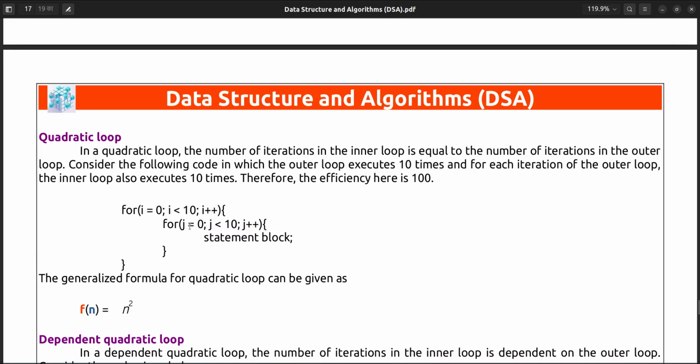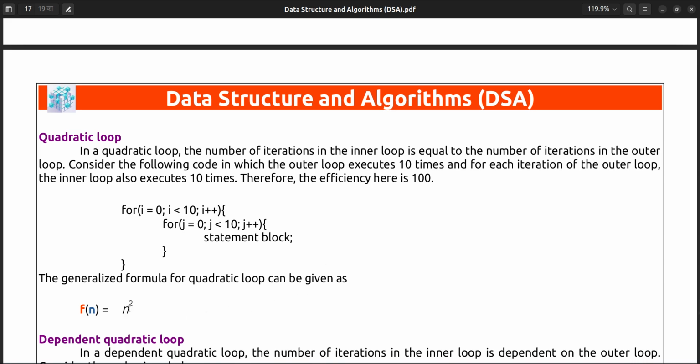So for this loop the complexity is 10 time, and this is also 10 time, so you can multiply these two, 10 into 10, and in the general formula you can write n square. 10 into 10 is nothing but 10 square.